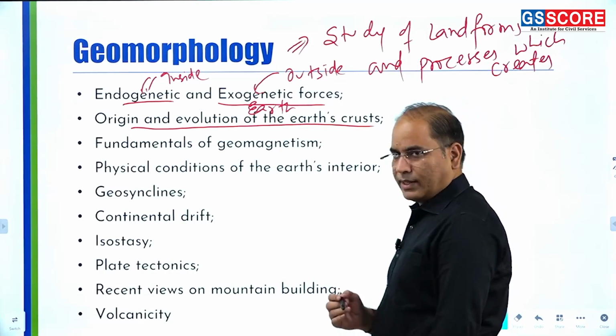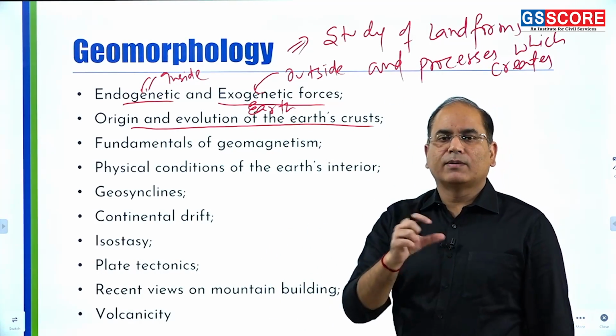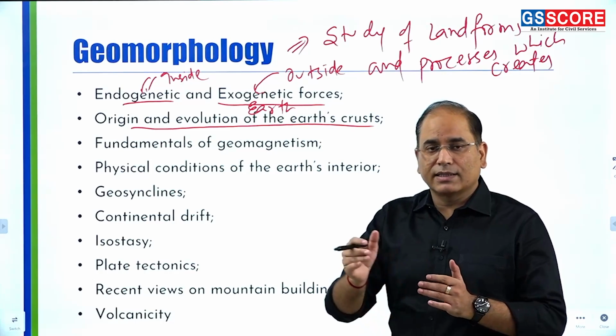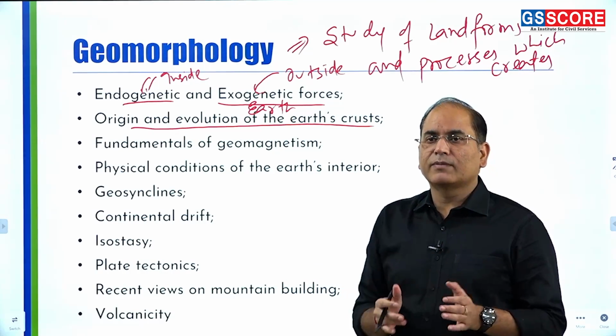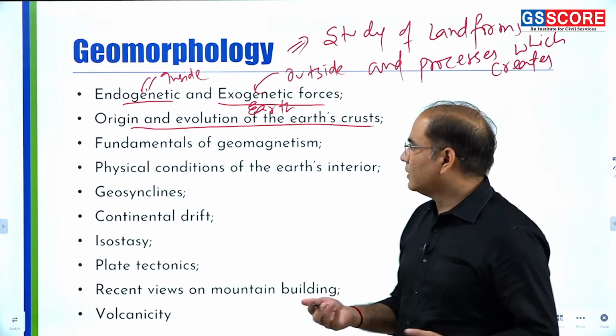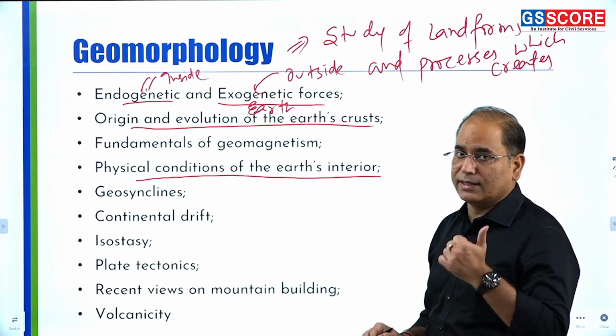Then the next topic that you are supposed to study. In our syllabus you will find some of the topics are not arranged in a sequential manner, but you are supposed to study in the sequence. So, the next thing that you are supposed to study is the physical condition of the earth interior.